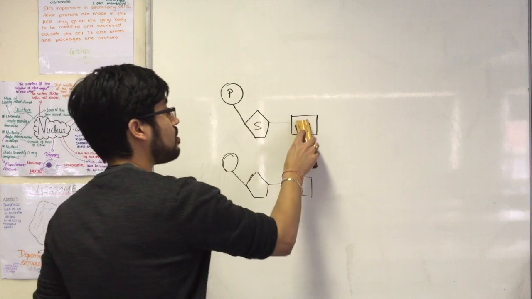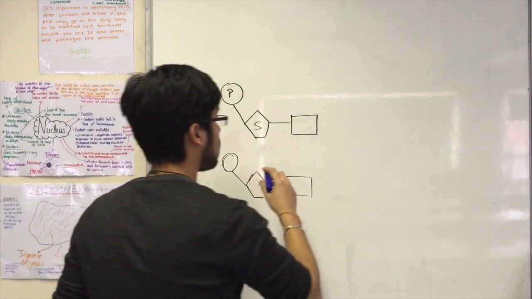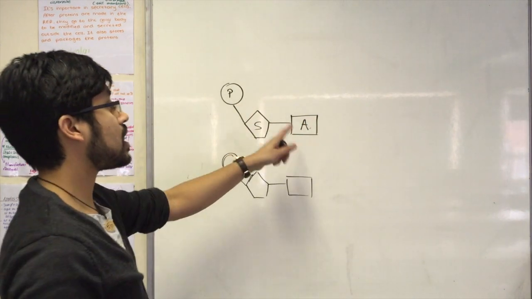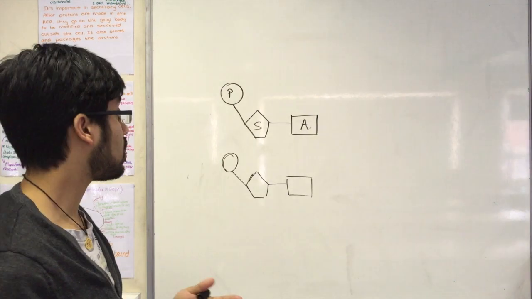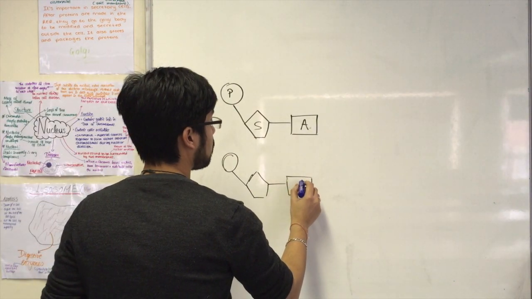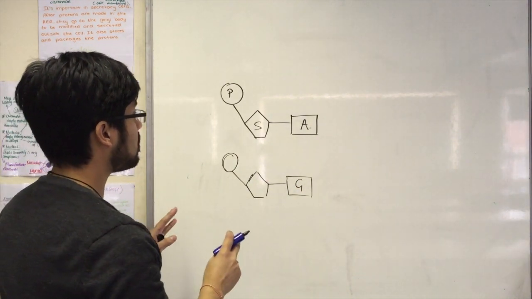Let's say in this example, we're looking at a chain of DNA nucleotides. The first one might have contained the nitrogenous base adenine. The next one might contain the nitrogenous base guanine, for example.